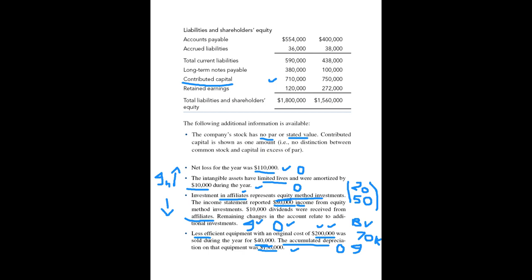We did not collect it. We only collected 10,000. The difference was reinvested in the affiliates, just like we reinvest money through the retained earnings account, affiliates also do the same. So they have given us a net income, but the dividend was only 10,000.